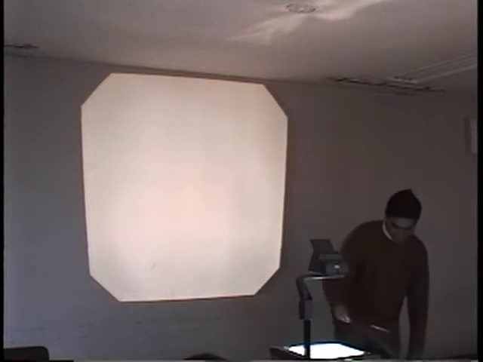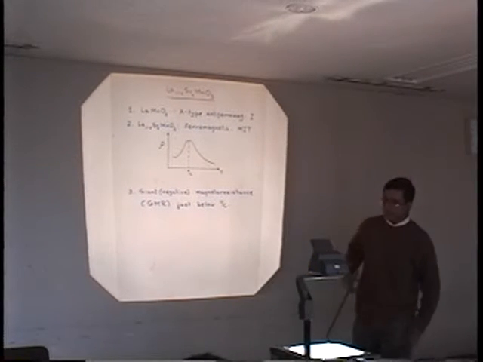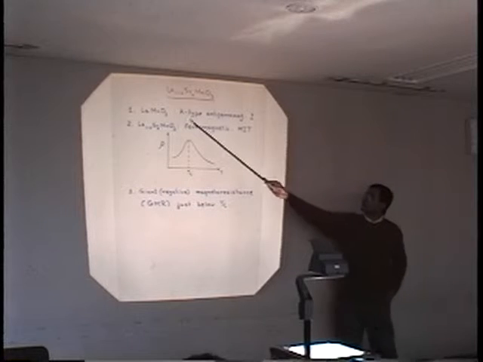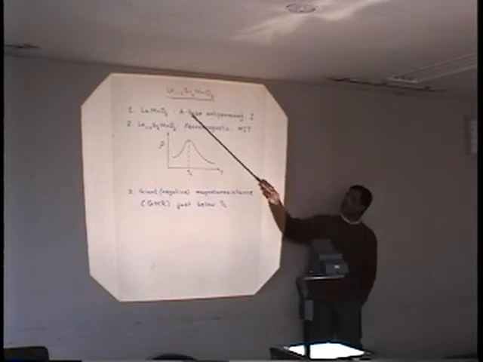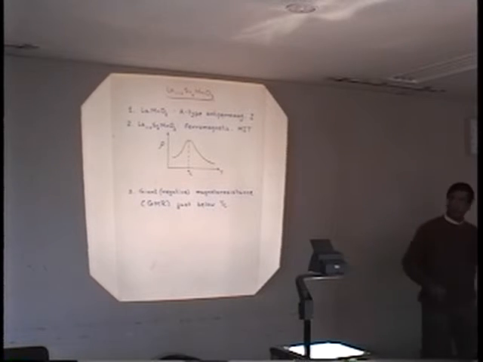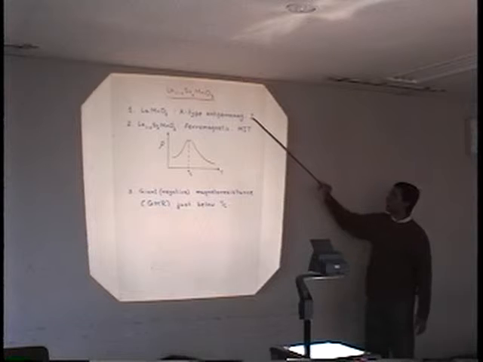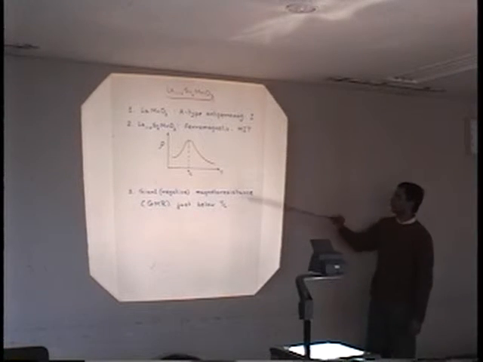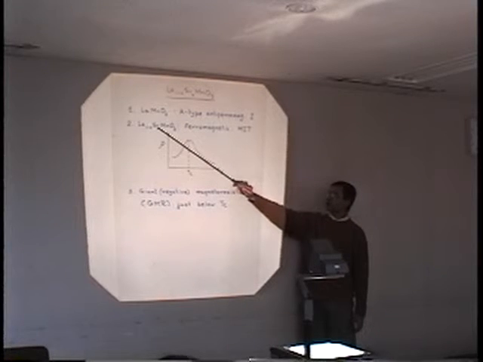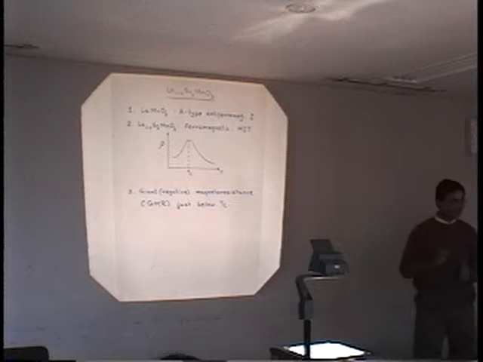Now, what is interesting about this system? Lanthanum manganate itself is an A-type antiferromagnet. Don't worry what the A-type is. If you're interested, we can discuss, but that's not important for today's discussion. And it's an insulator, which is all nice and fine. There's no problem. If you dope strontium in place of lanthanum, what you're doing is to dope holes into the system.